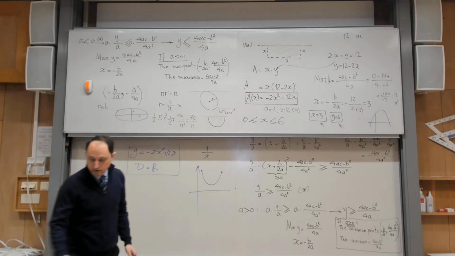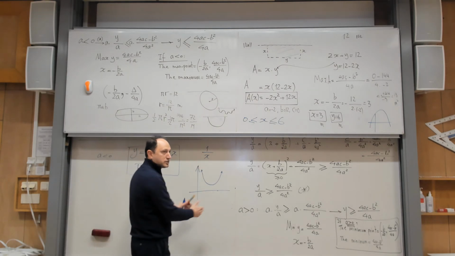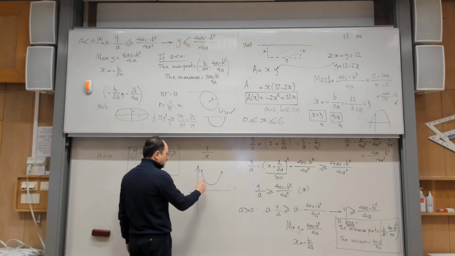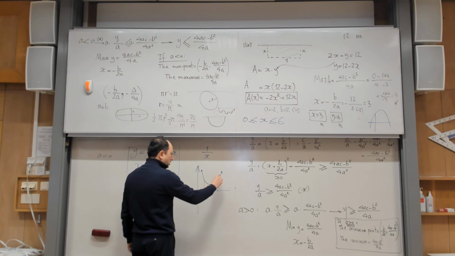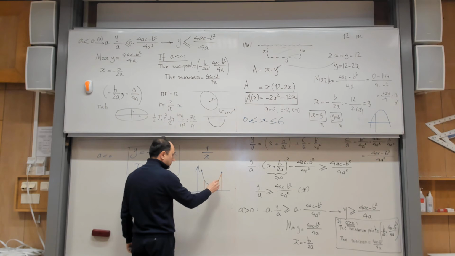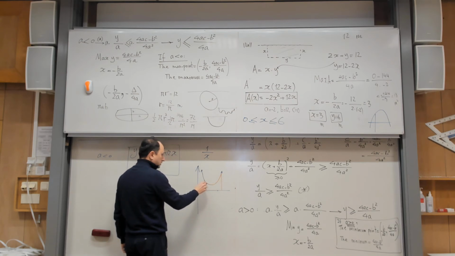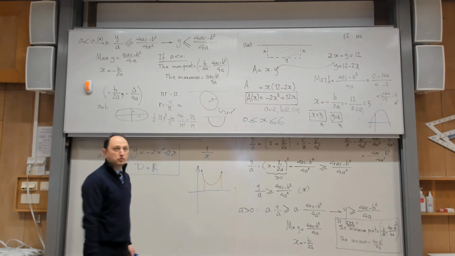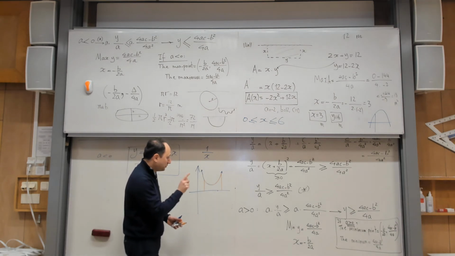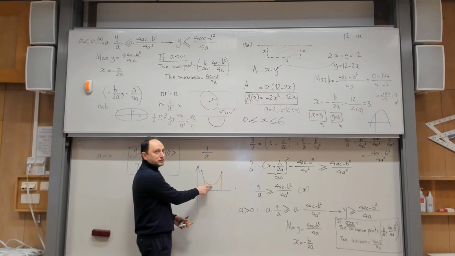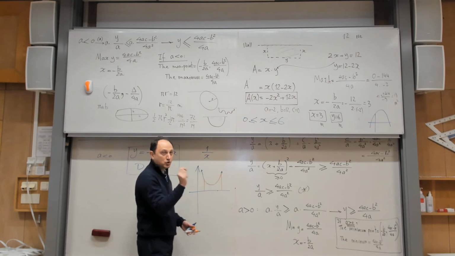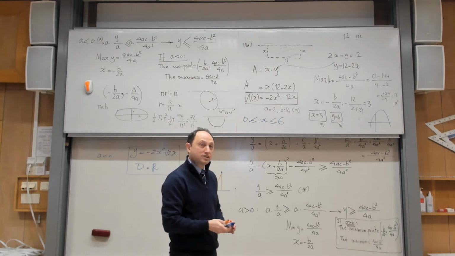No. But if I limit myself to a portion of this parabola, for example, from here up to here, I only concentrate on this part of the parabola. Do I have a maximum for this leftover? Yes, and by the way, it doesn't occur at a turning point. It occurs at this final point. Is that understandable? So this has a really crucial effect sometimes.